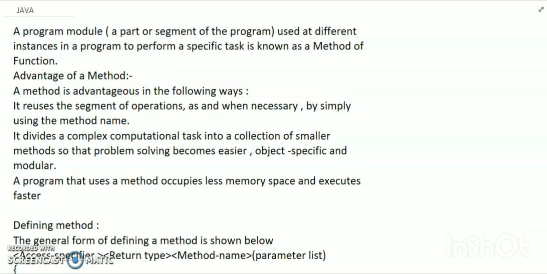I have already given one example: like a mobile, a function also works like a dual SIM. Similarly, a module, method or function is also used for that specific task at different instances in a program.